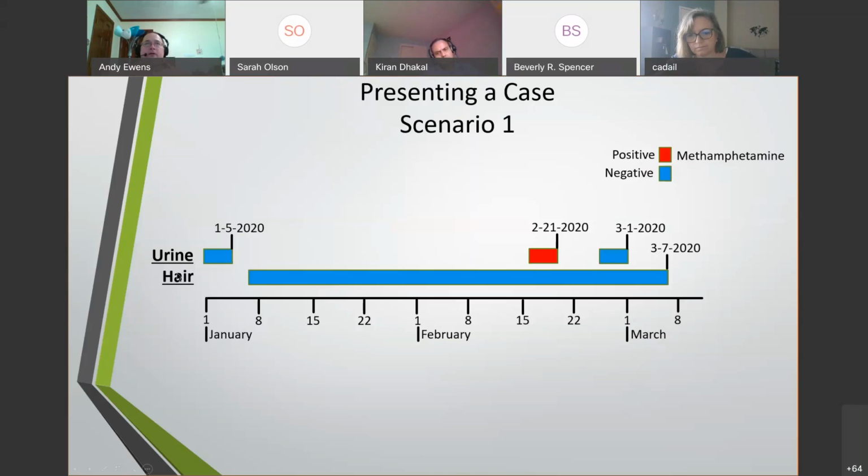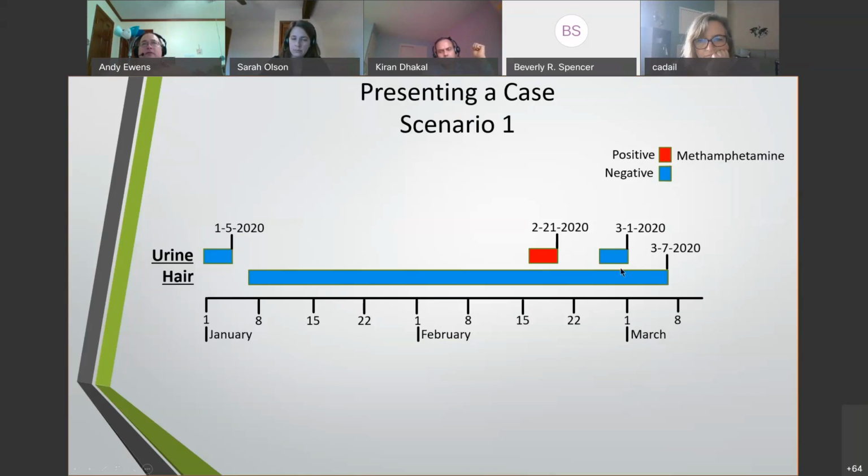So here you've got 2 negative urine tests and 1 negative hair test and 1 positive urine test. Here they're reporting just methamphetamine. They're not reporting the amphetamine. So if you were to get results like this, then you could say, first off, because there's only methamphetamine and no amphetamine, that this positive test is really under question.